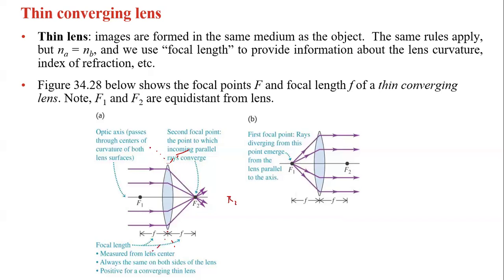This is also your spherical surface 1, it has a radius R, and it has focus R over 2 with the distance F. The focal length is measured from the lens center, and it is always the same on both sides of the lens. So these focal lengths are the same. For the converging lens, the focus is positive, so we call this a positive converging lens.